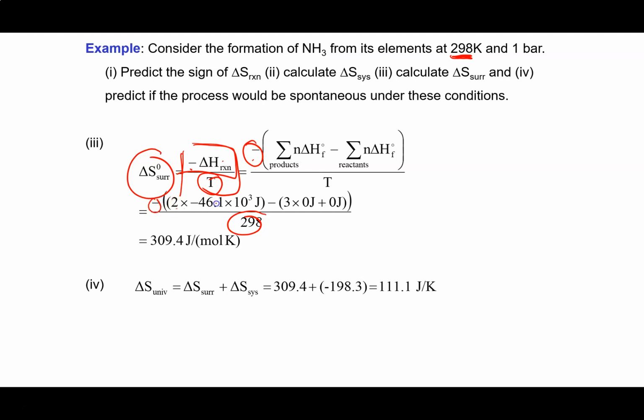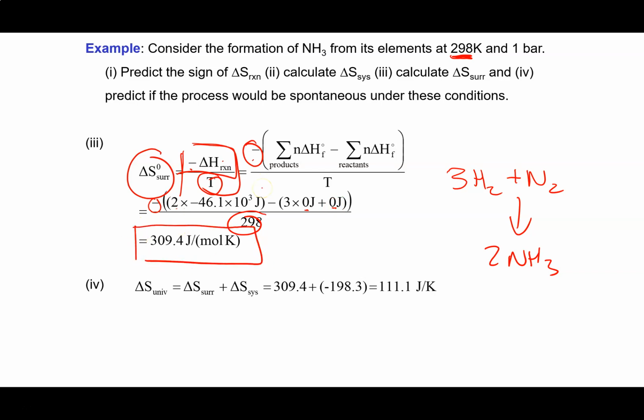So I've got 2 times the enthalpy of formation of our ammonia minus, so I should just write out what the reaction is, there we go, just so we can keep track of everything, minus 3 times the enthalpy of formation of hydrogen, which is 0, plus 1 times the enthalpy of formation of nitrogen.